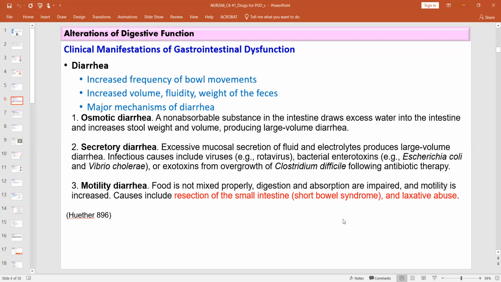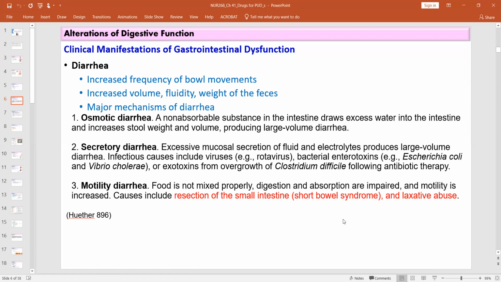The second type is called secretory diarrhea. Usually this type results from toxins of microorganisms, especially bacteria, the infectious causes, bacterial toxins, and they will produce this type of diarrhea. The small volume diarrhea with this type is usually caused by inflammatory disorders of the intestine.